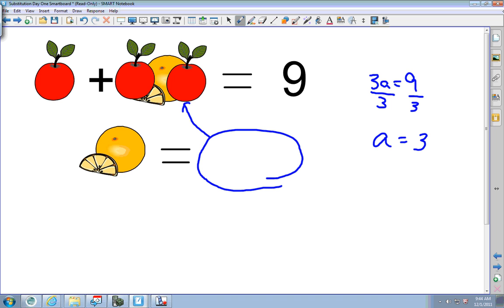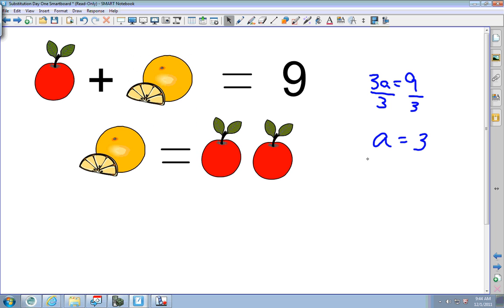So then, let's see here. Let me put these back. All right, if each apple is $3, right? 3 and 3, how much is 1 orange? The oranges are 6.